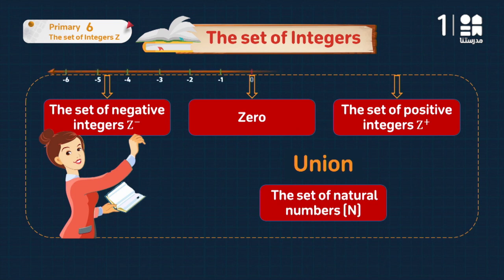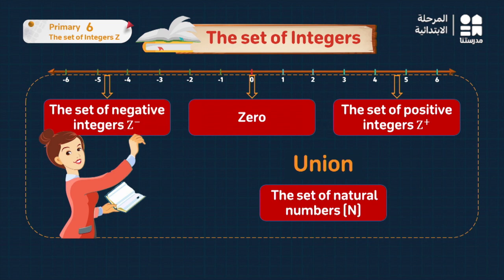So again, if we look here, you can see the number line. On the number line, the 0 separates the positive integers and the negative integers. And you can see here the set of integers, and the set of positive integers is written as Z positive, the 0, and the set of negative integers is Z negative.